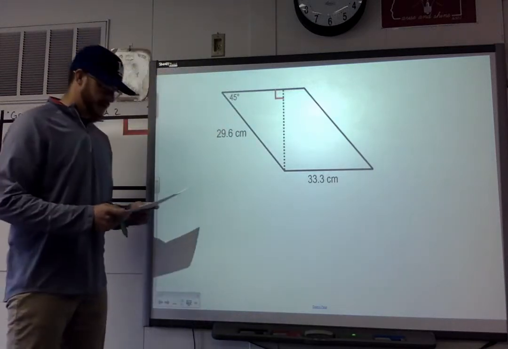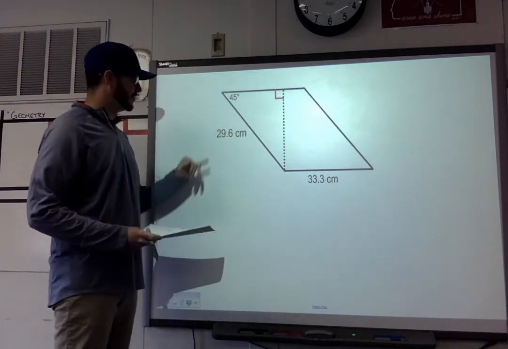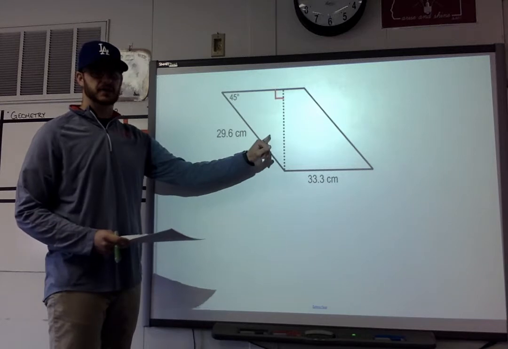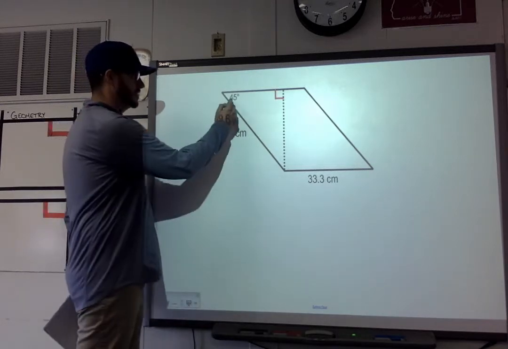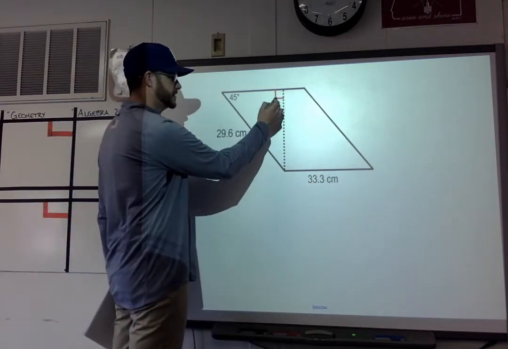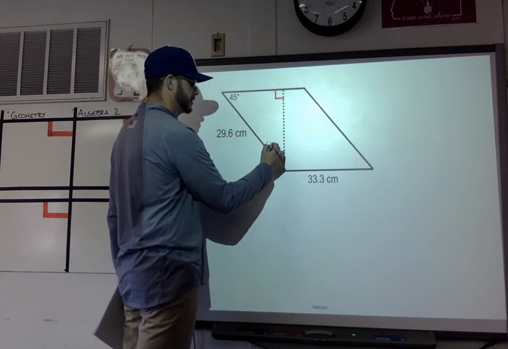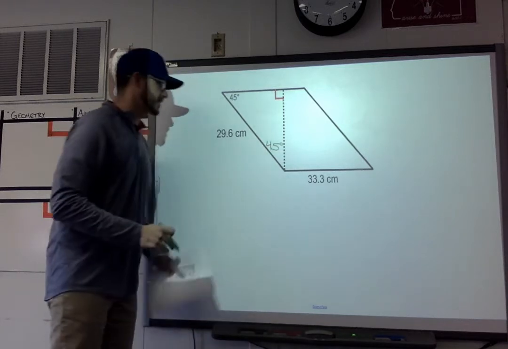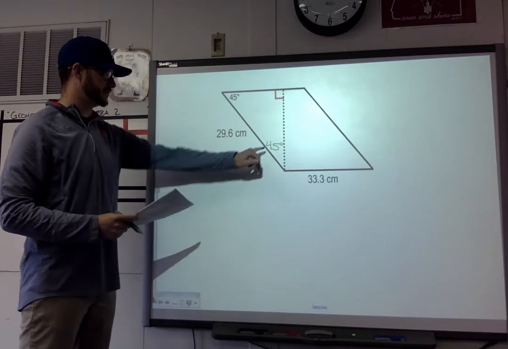So for this one, we have a different special right triangle here. We know that this is 45 degrees, this is 90 degrees, so that leaves us with 45 degrees for that angle.